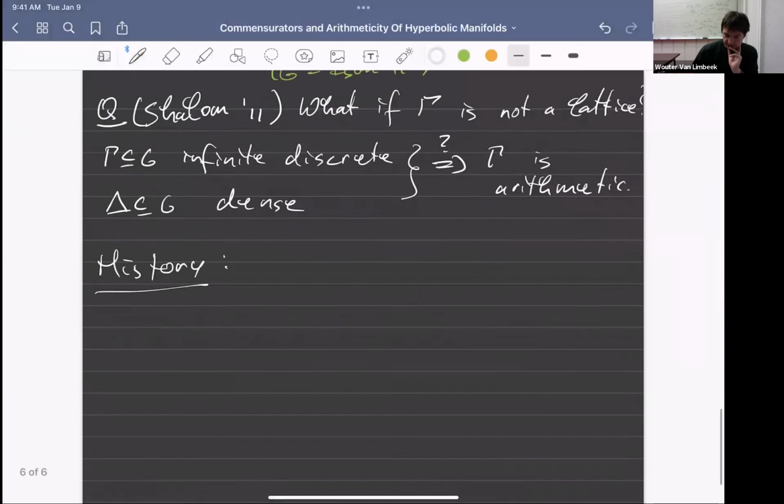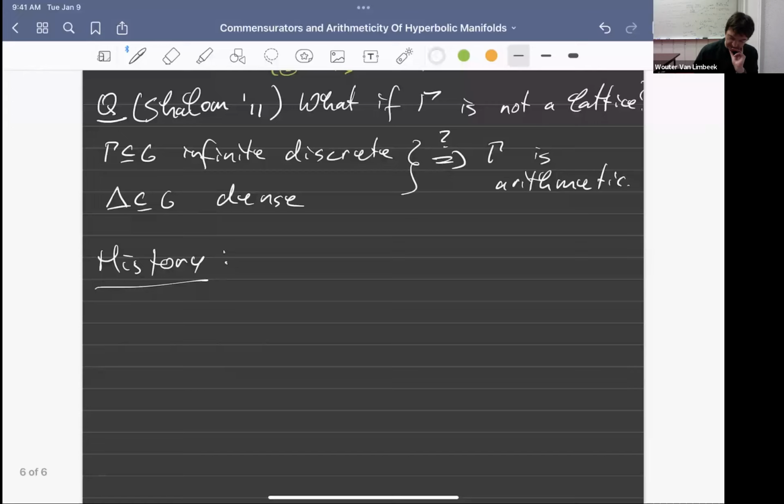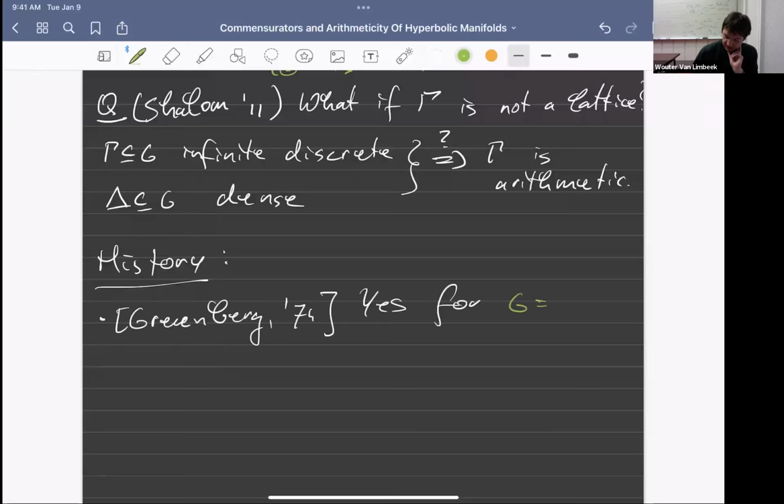The first result, which is way before Shalom asked this question, is due to Greenberg in '74, and is that this is true whenever G is basically for H2. This is the case of H2, two-dimensional, and gamma is finitely generated.